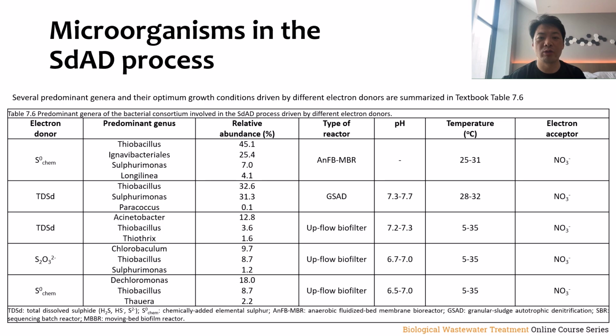Facultative chemolithotrophs can grow either autotrophically or mixotrophically using complex organic carbon for both carbon and energy.